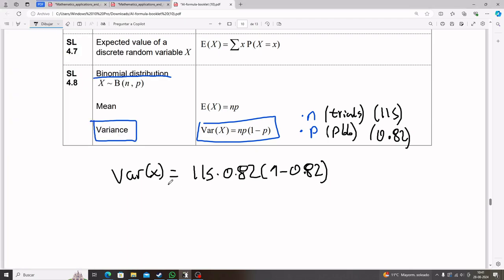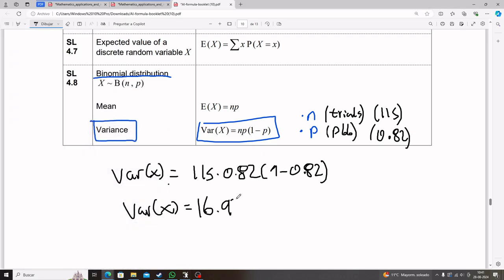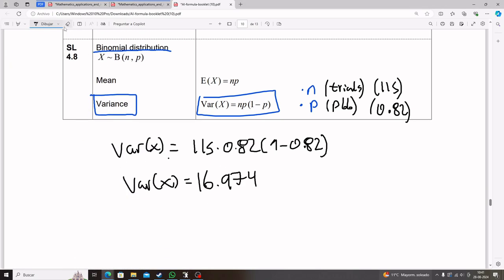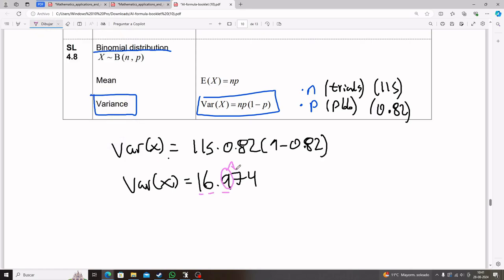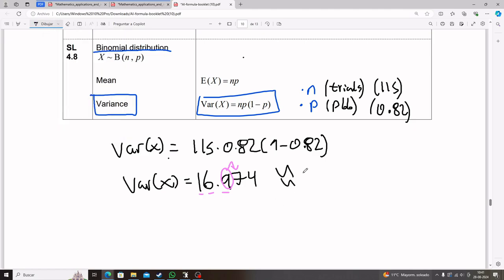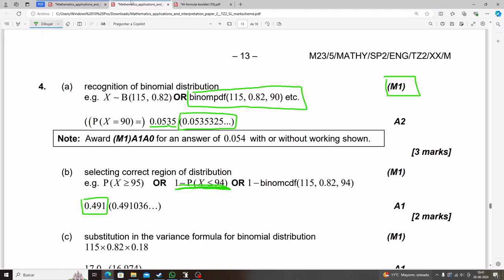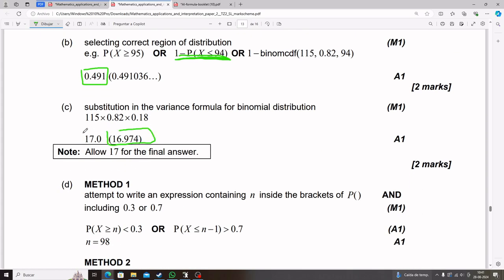We plug into the variance formula. My variance for binomial distribution has to be 16.974. If you think in terms of significant figures, you go 1, 2, 3, round it up or keep it the same. You do round it up, and if you round that up, you end up with 17. And so if we look at the answer over here, that's exactly what happens. You can leave it as 17.